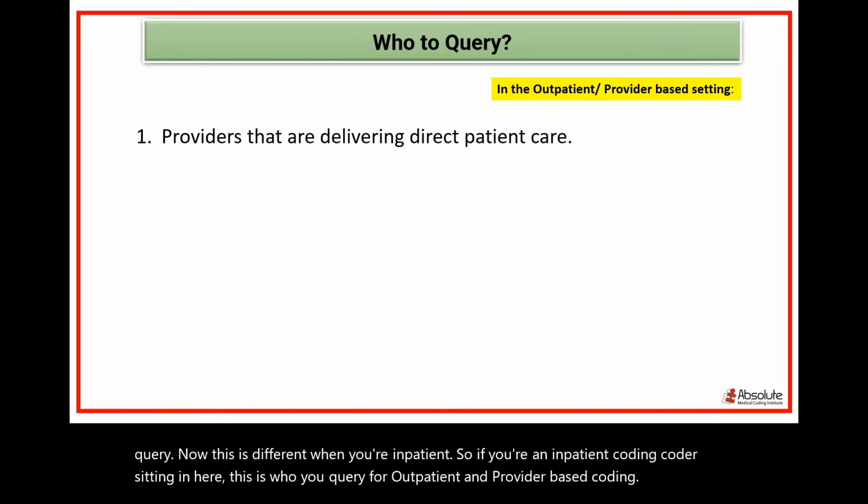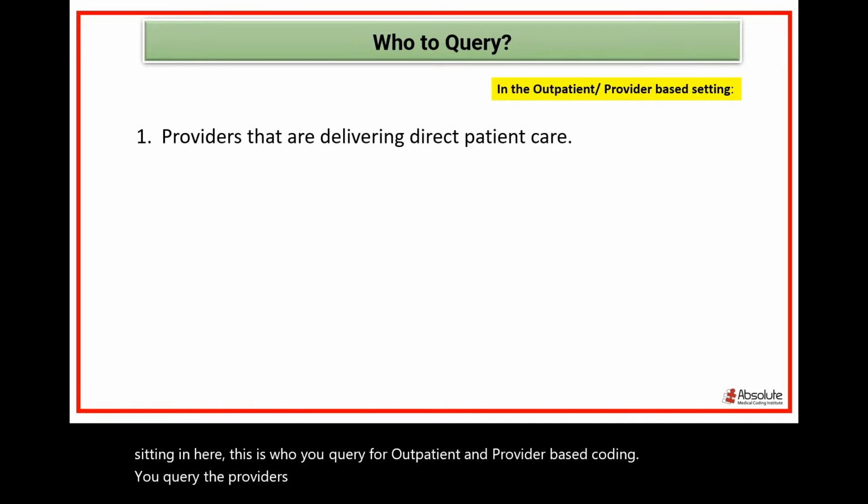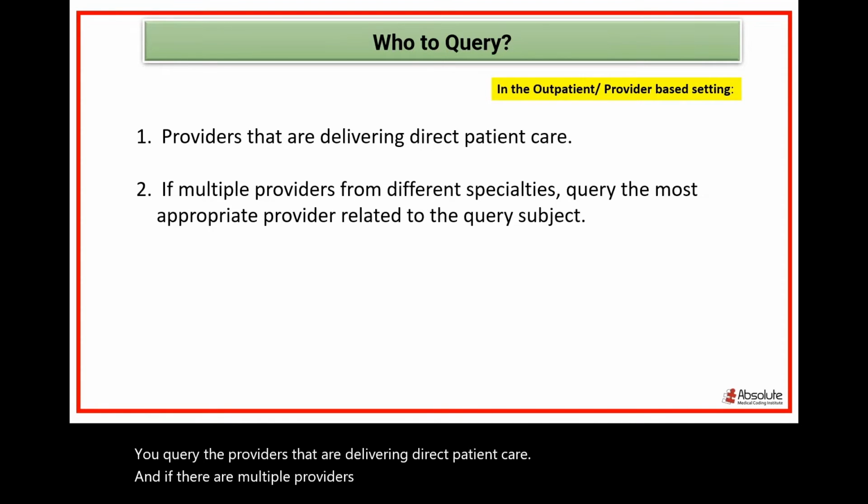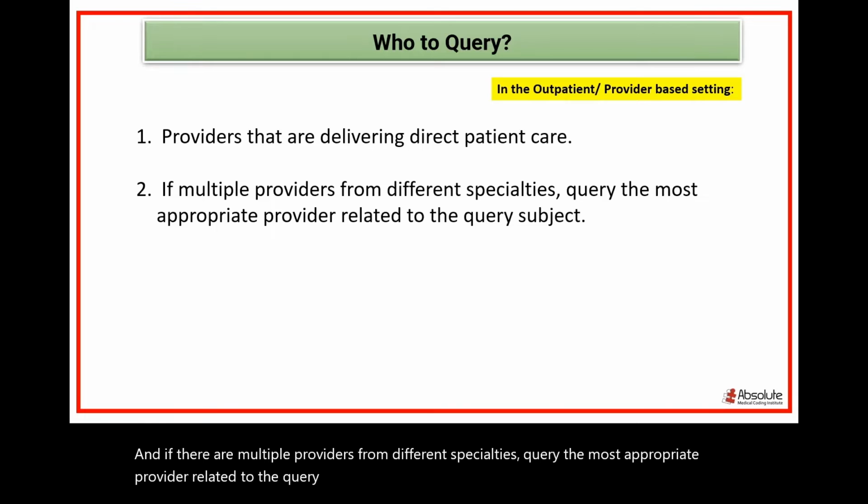You query the providers that are delivering direct patient care. And if there are multiple providers from different specialties, query the most appropriate provider related to the query subject. What does that mean?